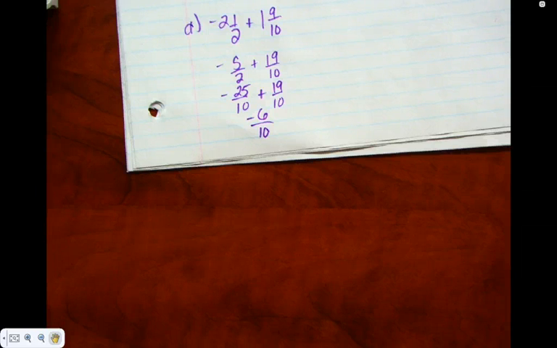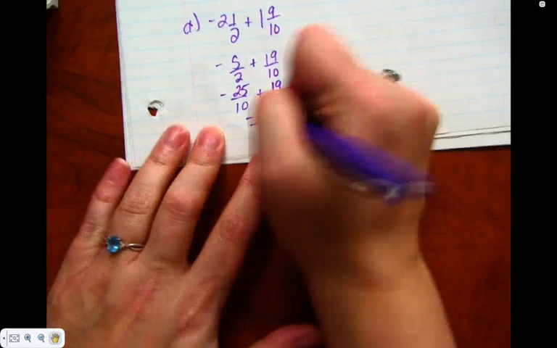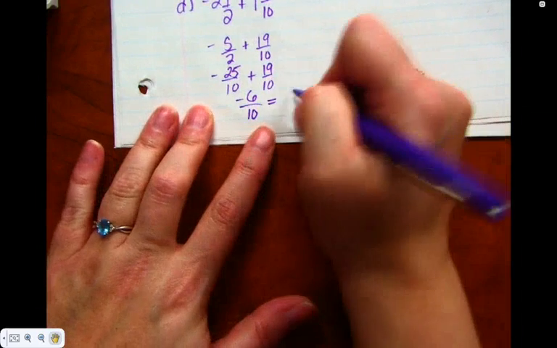Whatever makes sense to you to add those integers, do it that way. Step number 5, change to mixed. Don't need to. Last step is reduce it. So write down the reduced fraction. The reduced fraction is?